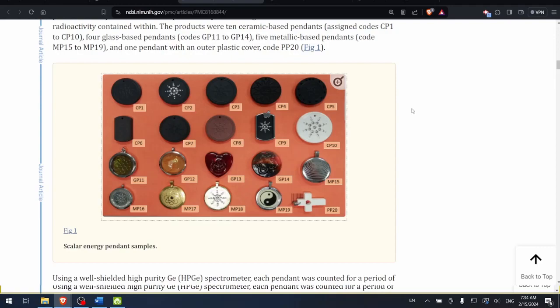So the waves come together, they collide, they produce that scalar field. That's the idea. So with these 4 generators set up around the room, the whole room is just filled with scalar energy.